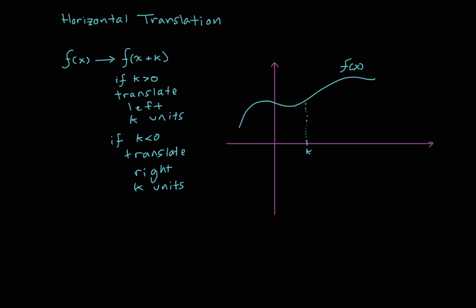So you're actually starting over here, and the whole function is getting shifted over to the left. All of these values that would be over here are getting pushed over. You get to kind of start early. And it's the same reasoning for why, if you have a negative k, the function would shift in the other direction.